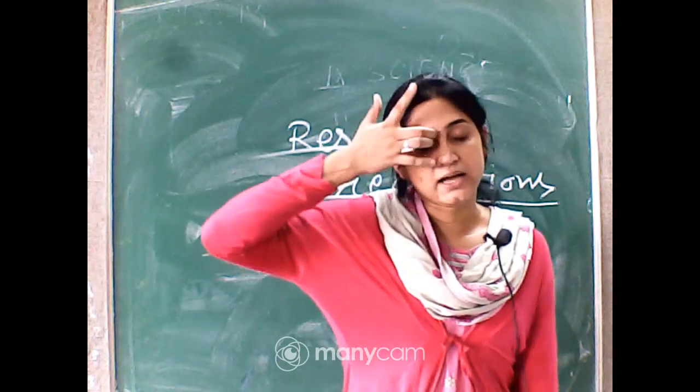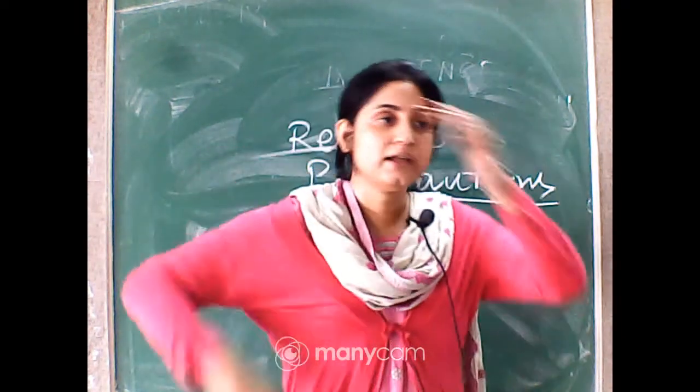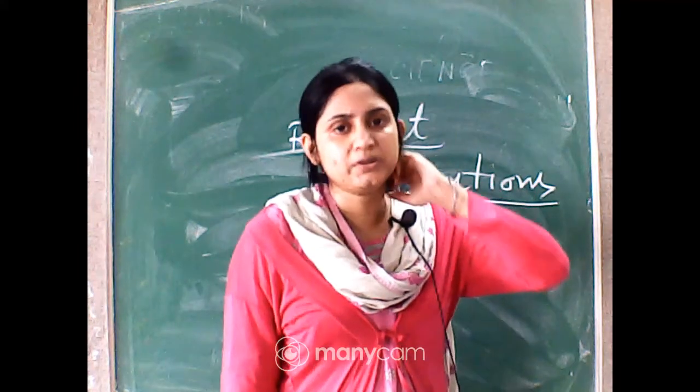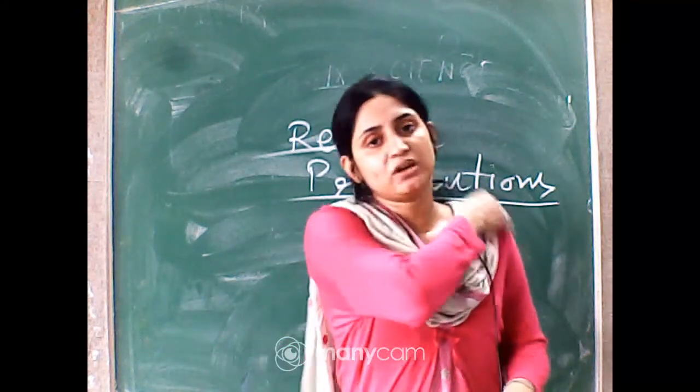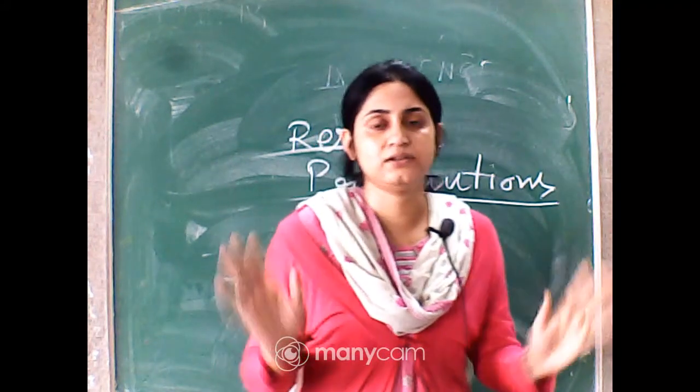Collect your practical notebook or laboratory notebook from your school. No need to hurry, and try to complete it in this puja vacation, because after that your examination will also start. I don't know the date.